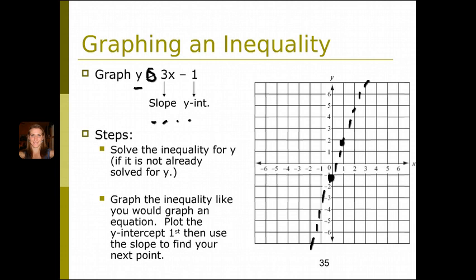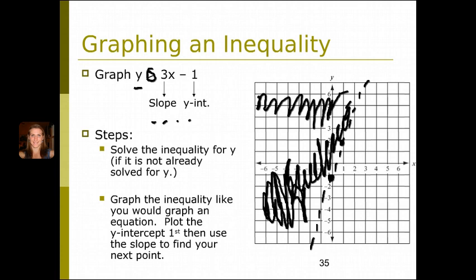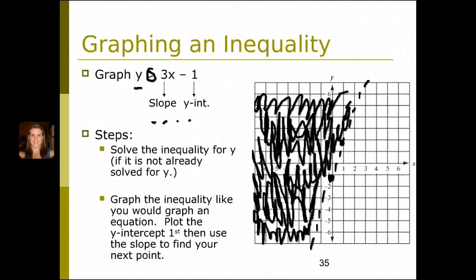The area to be shaded, therefore, would be all of this area above the boundary line. And when you shade in all the quadrants that are above this boundary line, notice everything below the boundary line is not shaded.